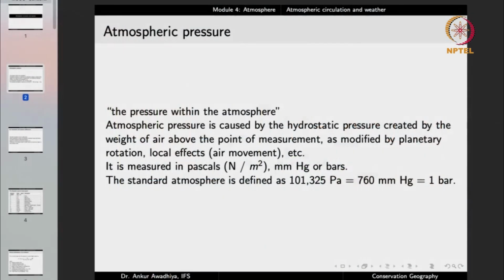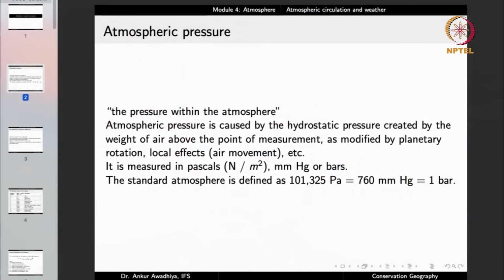And so, if we look at the atmosphere, the areas that are down below, near the surface of the earth, will have a greater amount of pressure than locations that are high above, because as you move up, there is a lesser column of air above you to exert the pressure.